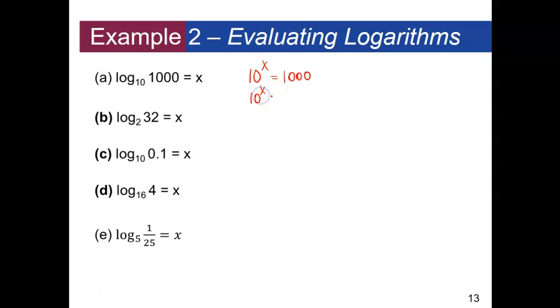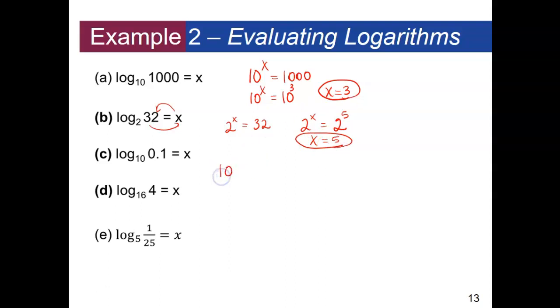Hopefully you remember that 10 to the 3rd power is 1,000. Once my bases are alike, I can say that x is going to be 3. On this one, I have 2 to the x equals 32, putting it in exponential form. From here, I'm going to rewrite 32 as 2 to the 5th power, and so x is going to be 5.